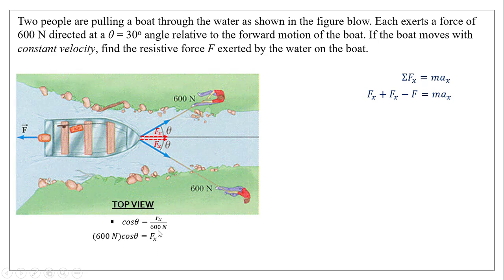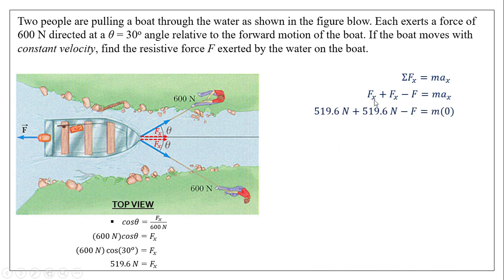Therefore, we have Fx is equal to 600 newtons times cosine of theta. But each of these angles is given as 30 degrees in the wording. So theta is 30 degrees, and I'm just going to substitute theta for 30 degrees. If you put in 600 times cosine of 30 on your calculator, you should get a value of 519.6 newtons. That's each of these Fx's generating 519.6 newtons in the horizontal forward direction.